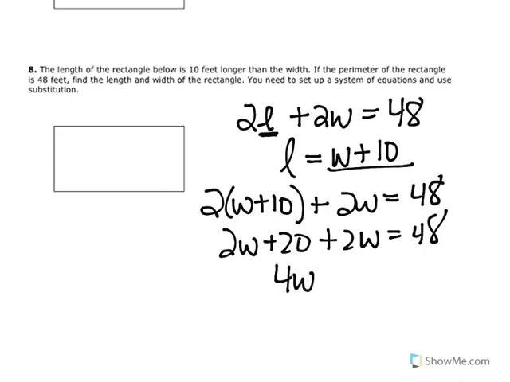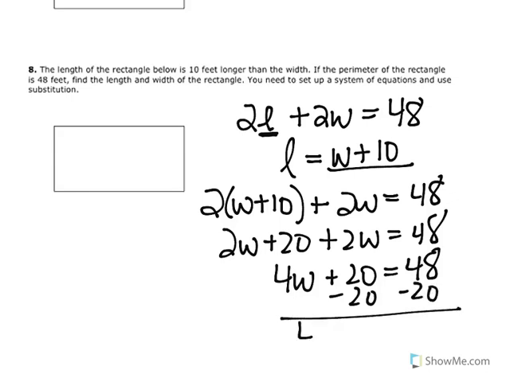So we have 4W plus 20 equals 48. I just combined like terms. Subtract 20. 4W equals 28. Divide by 4. And W equals 7.